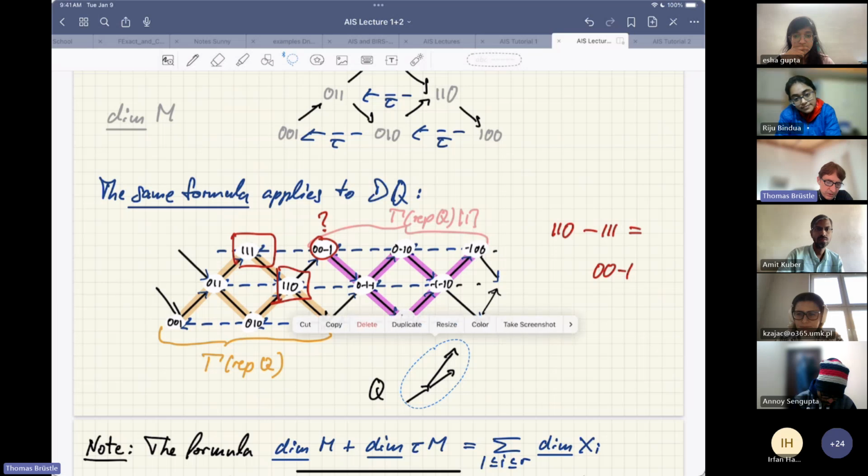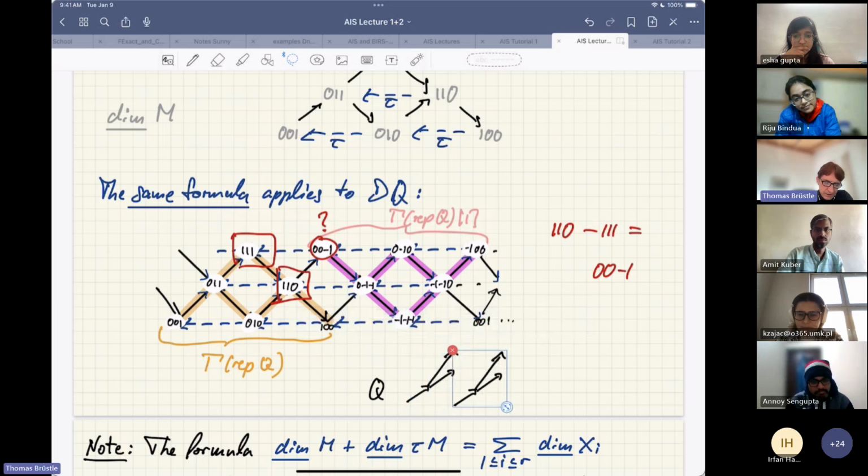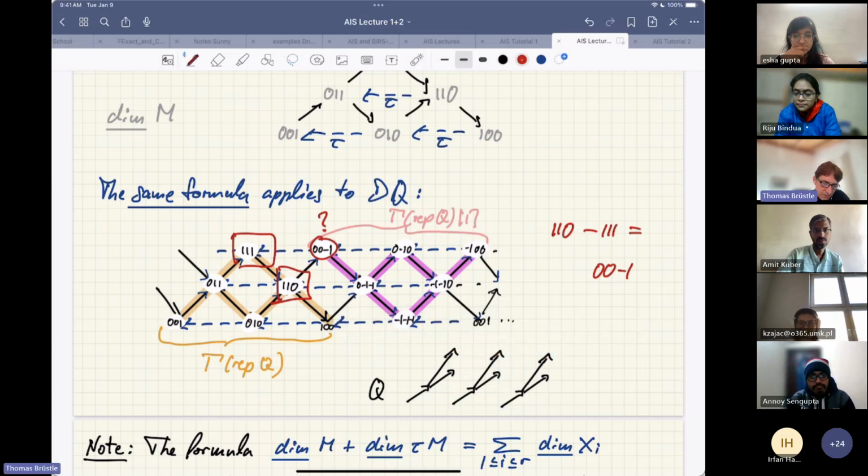I can compute the ZQ, and I fill the ZQ by arrows in the reverse direction, and so on. So I can compute ZQ, and then I can perform the exact same algorithm.